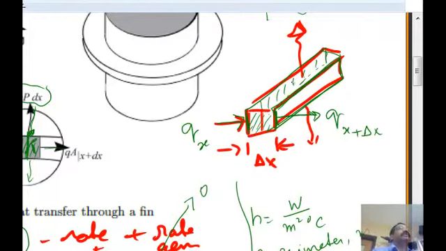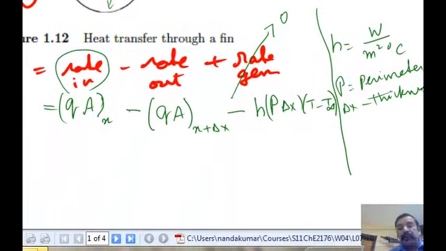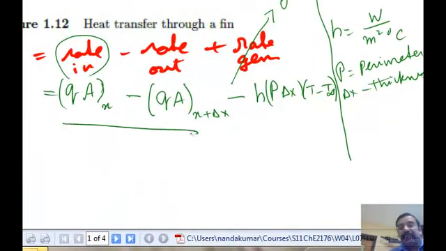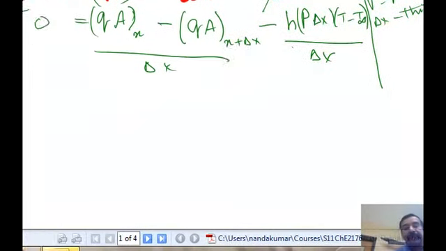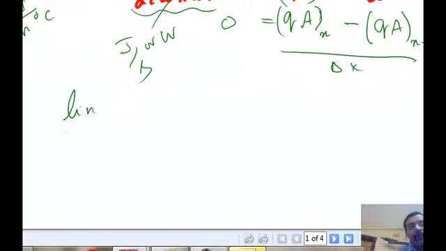What would be the next step? The next step is to take the limit of the control volume delta X going to 0. So it is just a mathematical step. All I'm going to do is divide this by delta X and divide this by delta X and take the limit of delta X going to 0 and ask the question, what happens to that equation? Okay. When I do that, the left hand side remains 0.